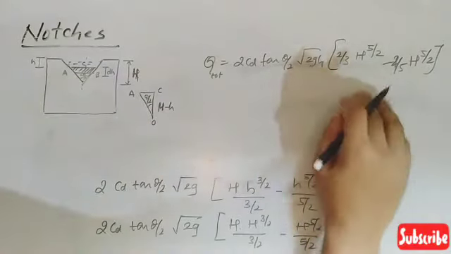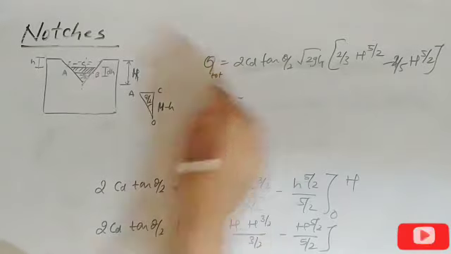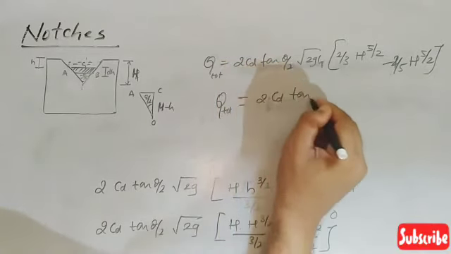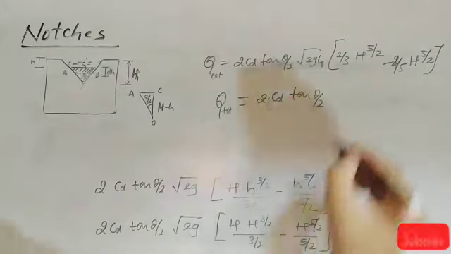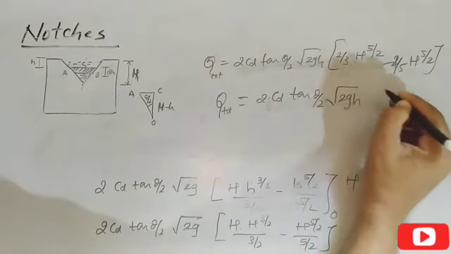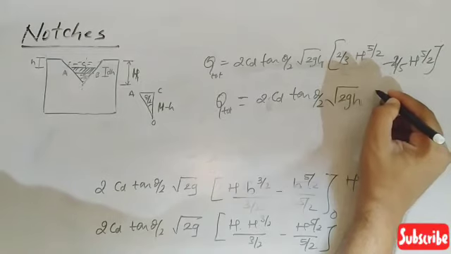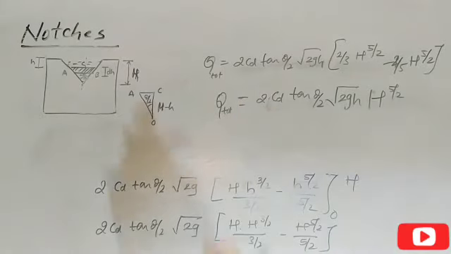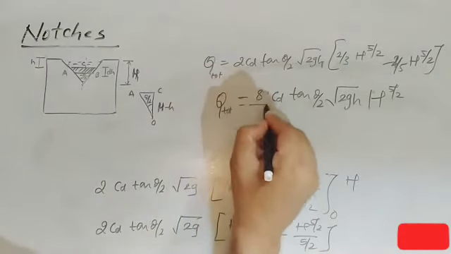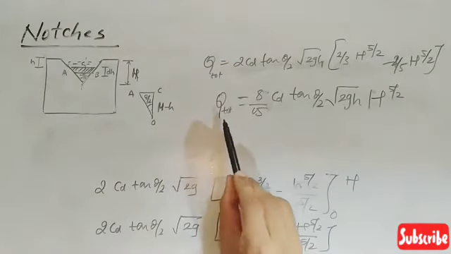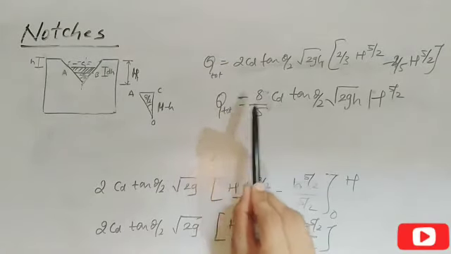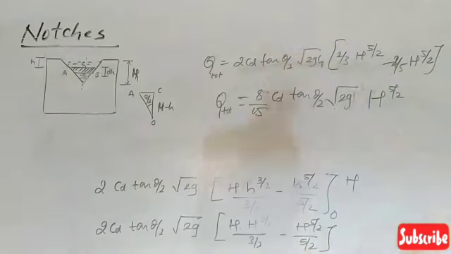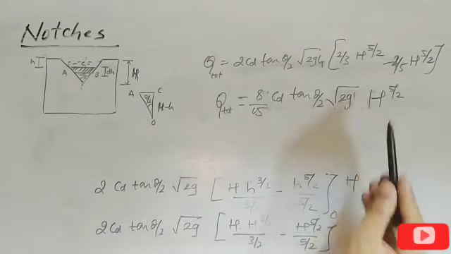Therefore after simplifying this, I'll get Q total through this notch equals 2 into Cd tan theta by 2 root 2g into H to the 5 by 2 into, sorry, that will be 8 by 15. The total discharge through the triangular notch will be 8 by 15 into Cd tan theta by 2 into root 2g into H raised to 5 by 2.